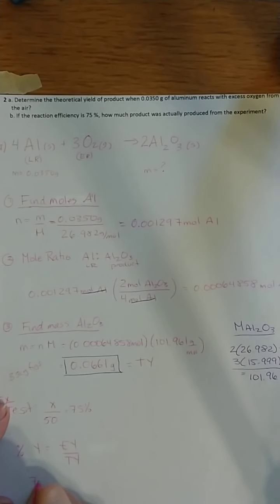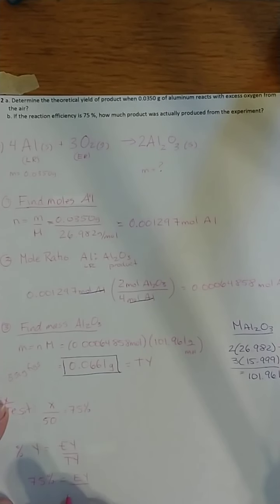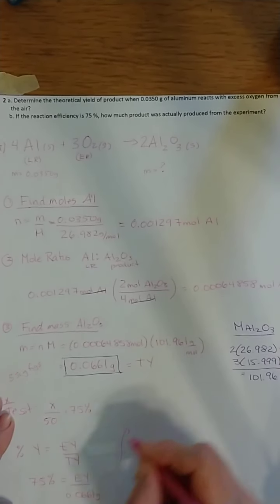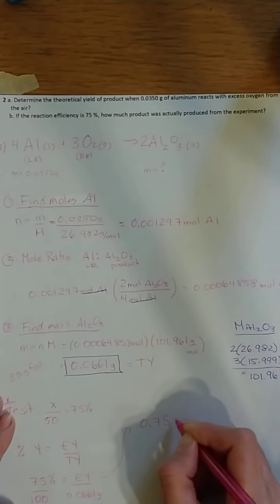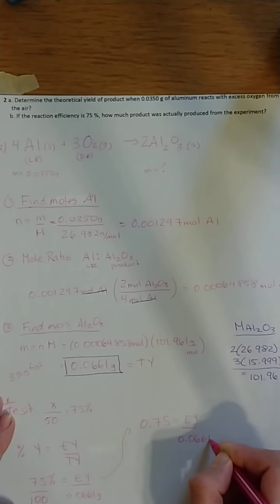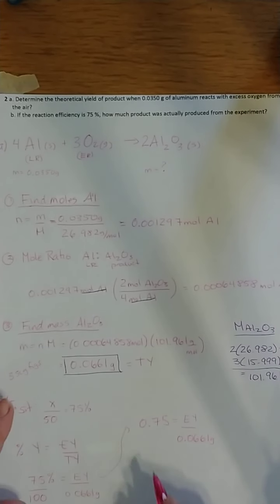So you're going to have 75% equals EY over 0.0661 grams. What you need to do is convert this into a decimal. So divide by 100. So 0.75 is equal to EY over 0.0661 grams.